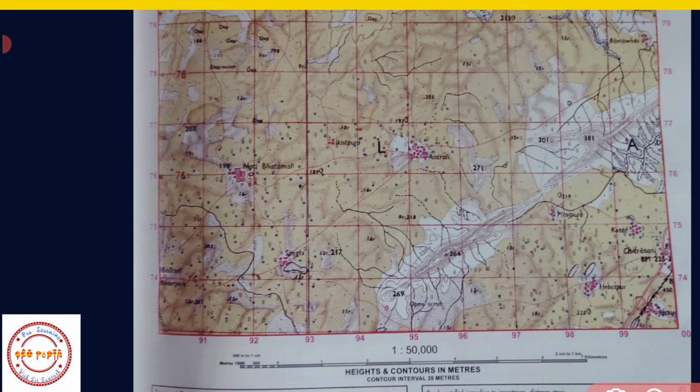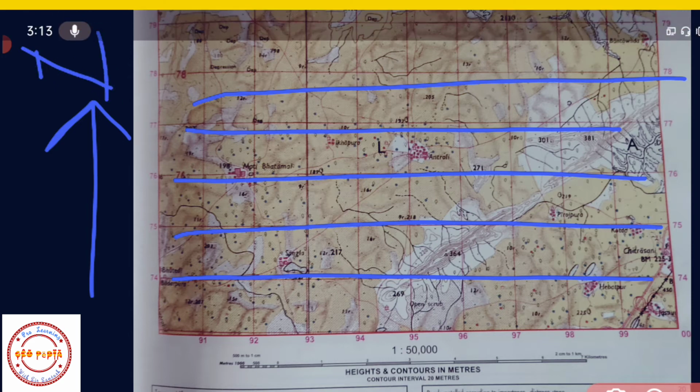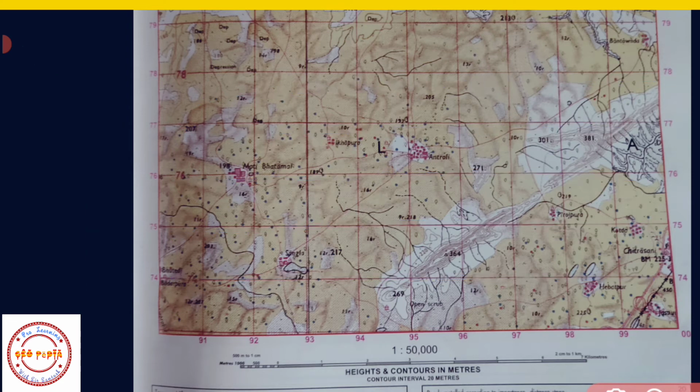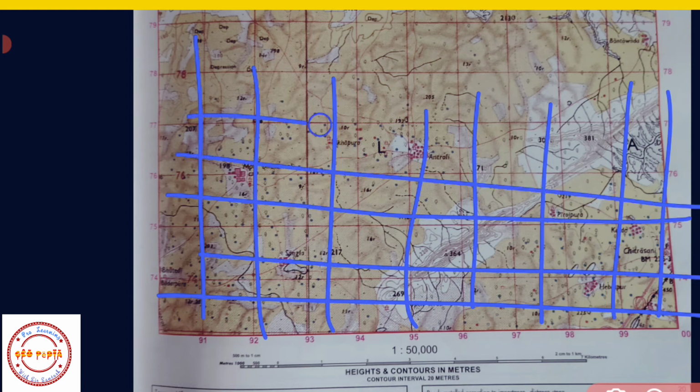Similarly, you can see all these horizontal lines, this one is 74, 75, 76, 77, 78, 79, in this way it is moving towards the north direction. So that's why this is called northings. What I told you students: all the vertical lines are known as eastings and all the horizontal lines are known as northings, remember it.